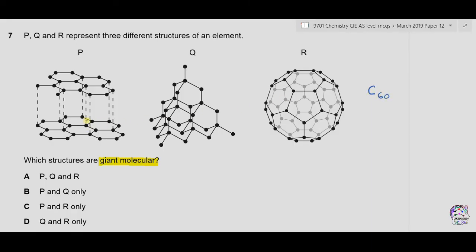In P and Q, as graphite and diamond, the number of atoms is not specific. Therefore the structure is giant covalent. The buckyball exists in the form of molecules. So only P and Q have a giant structure, so therefore the answer is B.